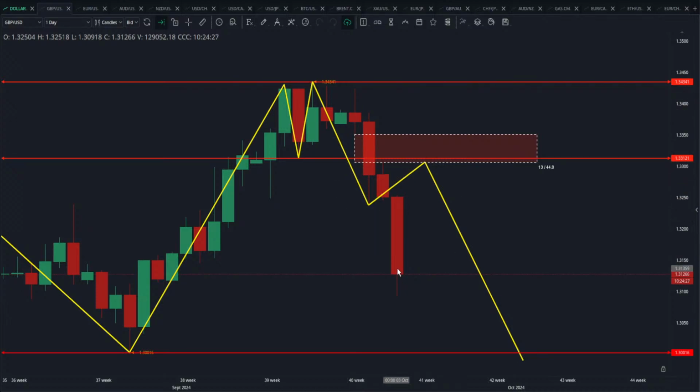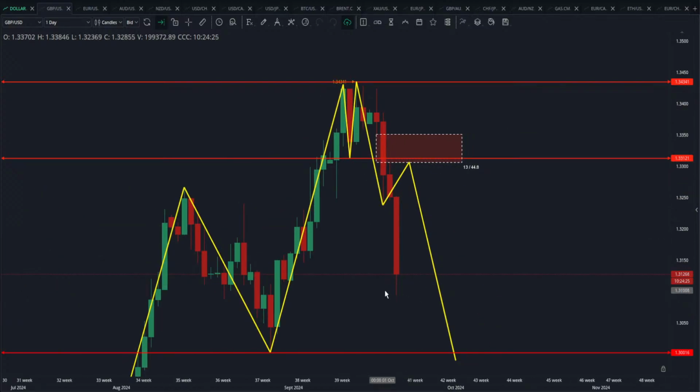Is it something that is surprising? Yes, it is surprising for me, because I was expecting a pullback to this level and to see this level holding as a resistance and then drop, but it dropped immediately today. So we did not get any chance to enter this price action.